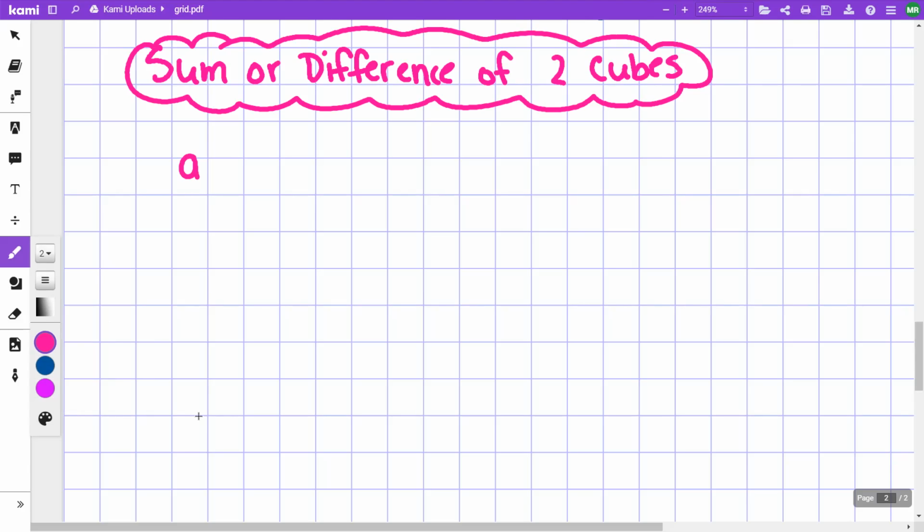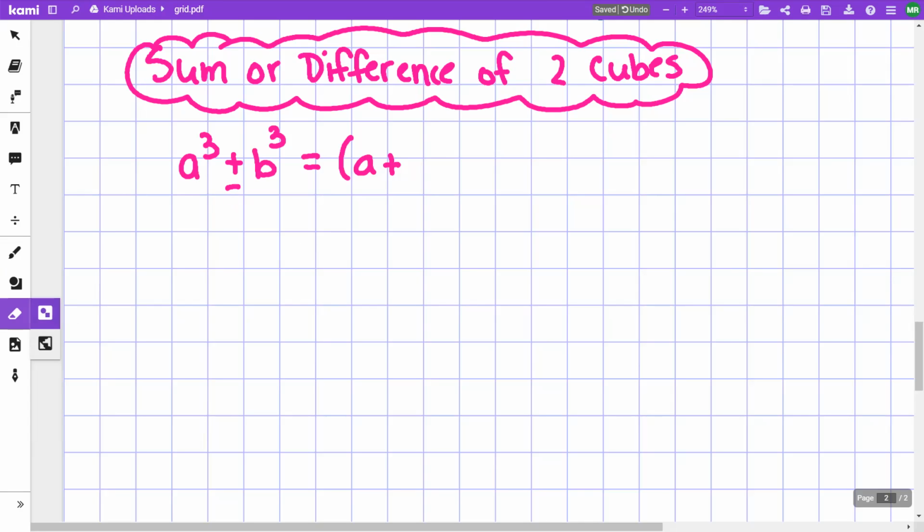So if I have a cube plus a cube, so a cubed plus b cubed, I am going to take the cube root of my a cubed, which is a, plus, because it's a plus right here. And I am going to take the cube root of b cubed, which is b. Okay, that's my binomial. Then I focus on this binomial, that a and b.